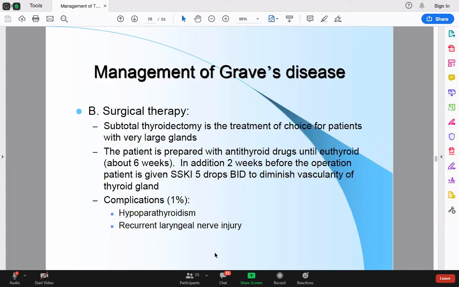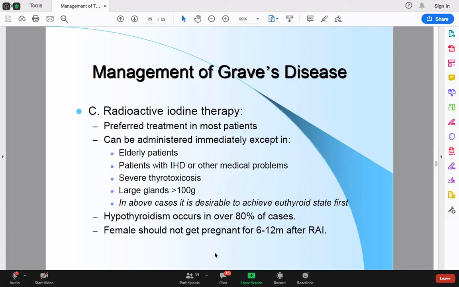And if you guys remember from your anatomy, the laryngeal nerve runs very close to the thyroid gland. Third is the radioactive iodine therapy, which basically you give them a radioactive therapy to get rid of their thyroid gland altogether. It's a very preferred treatment because it doesn't include surgery.